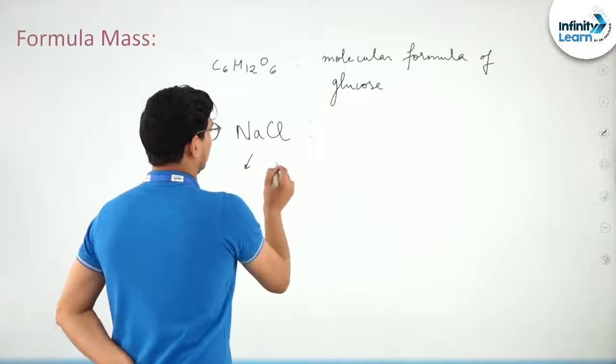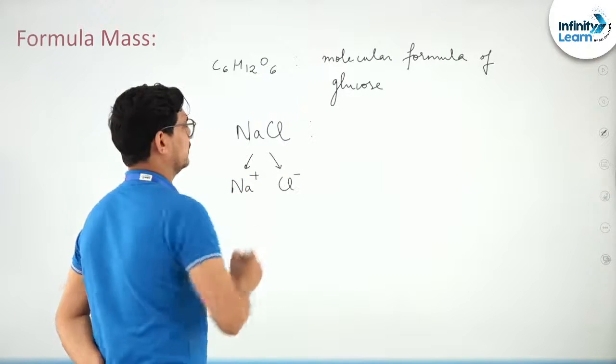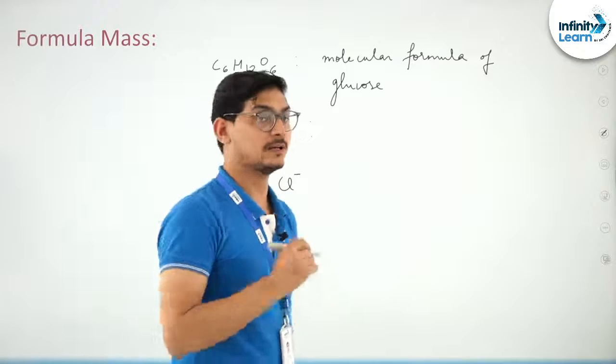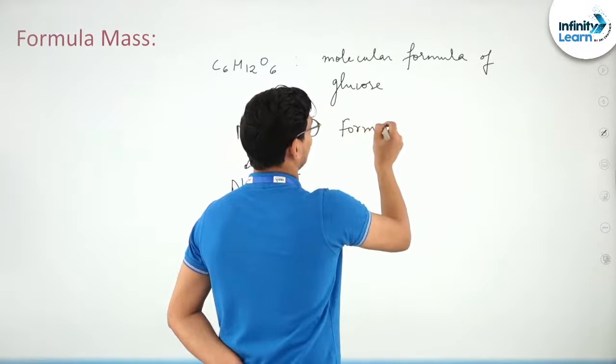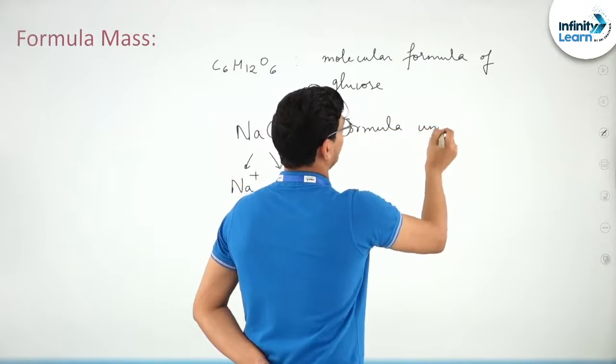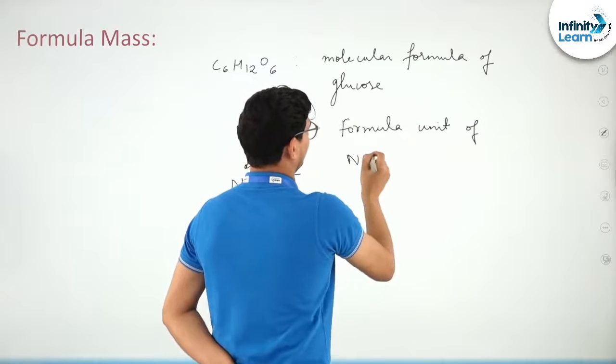There are discrete sodium and chloride ions. So I cannot use the term molecular formula. I will have to use another term, which is formula unit. Right?